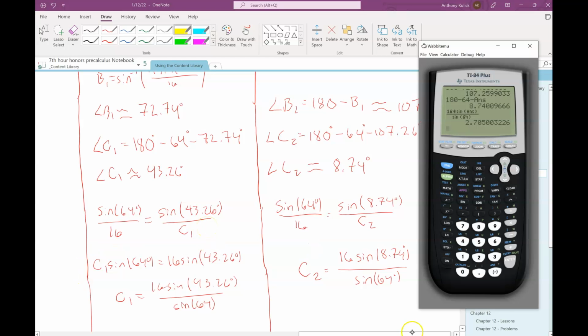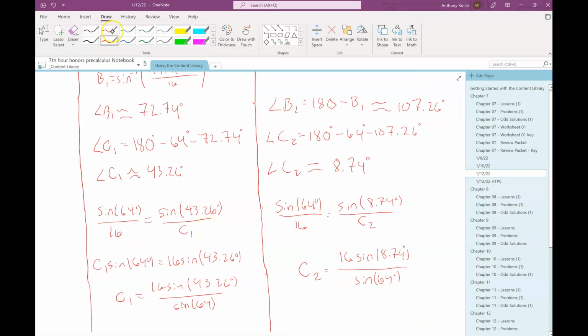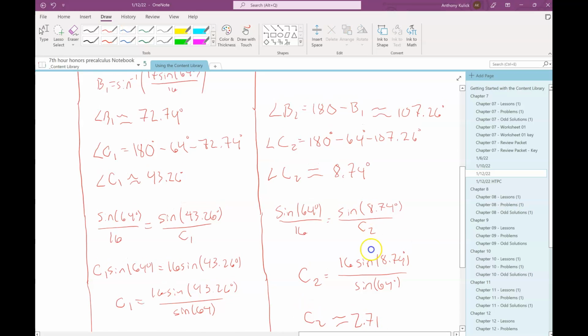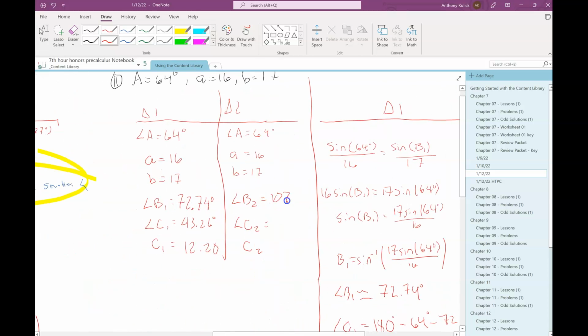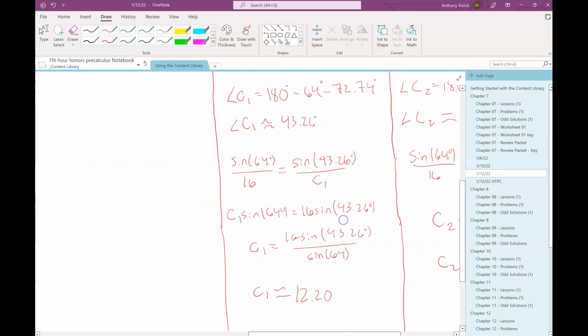I forgot what that number was, 271. Okay, so 107.26. I got too far down the road without writing anything. 874, and then 271, was that it?